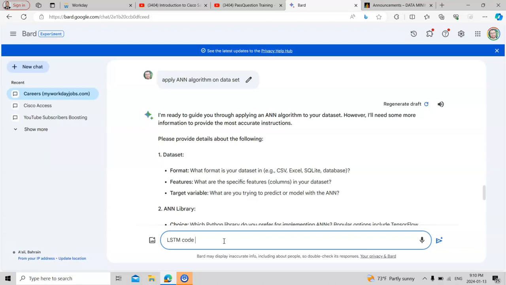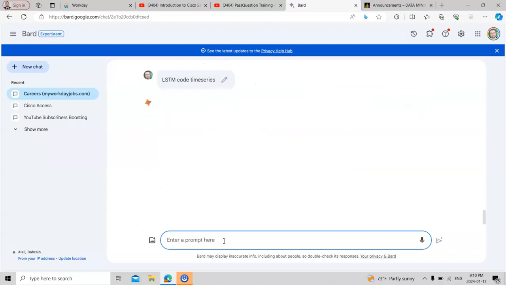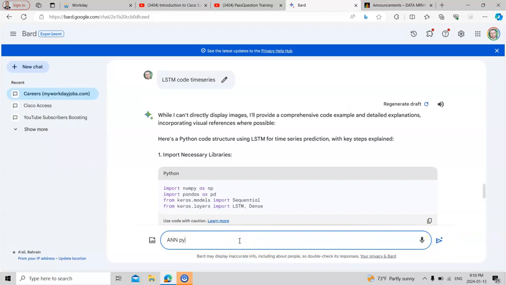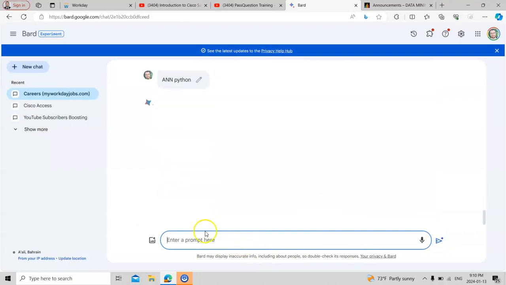So you need to study LSTM, long short term memory, and other kinds of sequential modeling. You can go for ANN, and study ANN Python code. But the challenge would be that you need to connect this code.